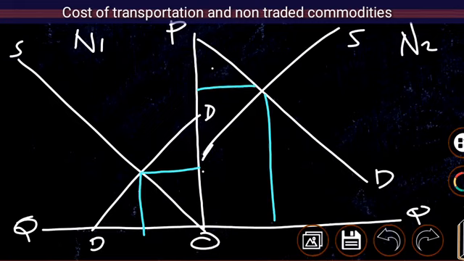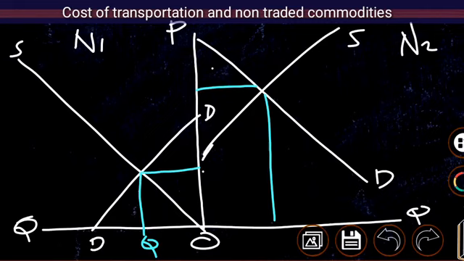That means OQ1 will be the quantity produced by country 1 at OP1 price, and if there is no trade, nation 2 will be producing OQ2 quantity and selling at OP2 price. That is, the price of nation 2 is much higher than that of nation 1, the producing country.